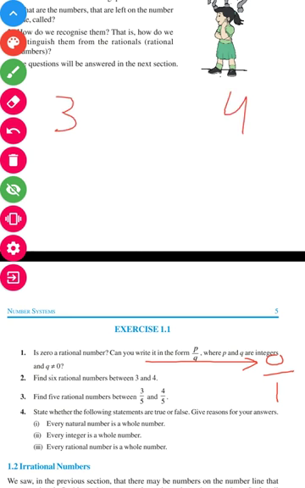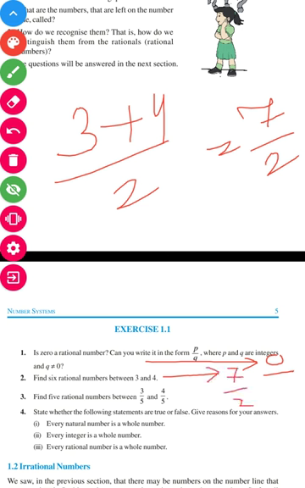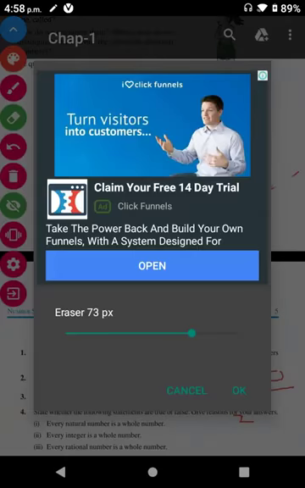I'm doing the first way, that is 3 plus 4 over 2, that is 7/2. And here I found a single number. In this method, you can find another number also. Okay.